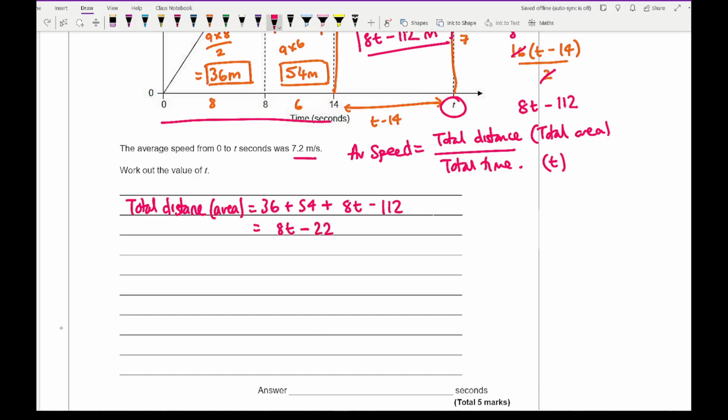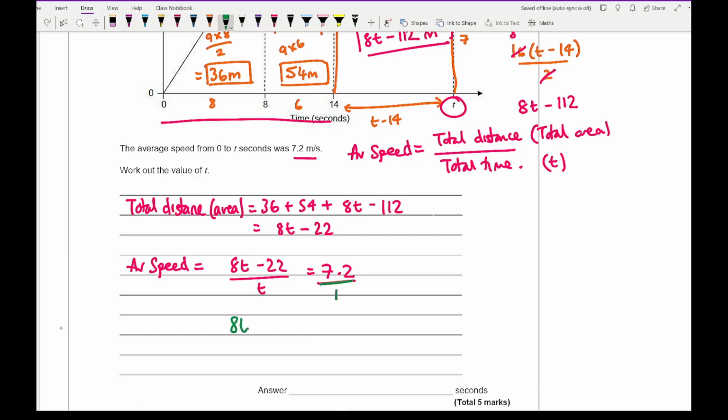Now from this, what we can then do is work out the average speed. So the average speed is going to be 8t minus 22 over t, and that's going to equal 7.2. So then now if I turn this into a fraction, put that over 1, I can then cross multiply.